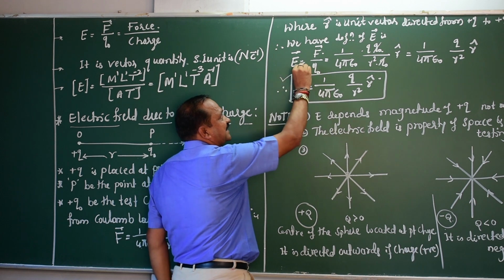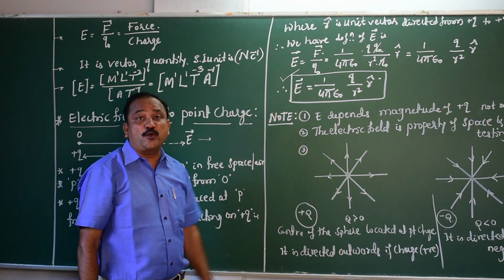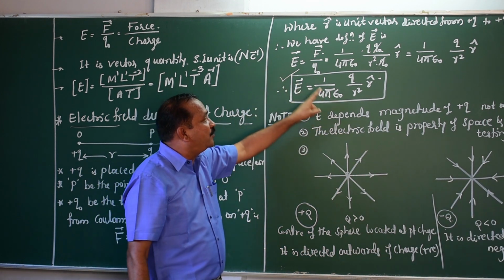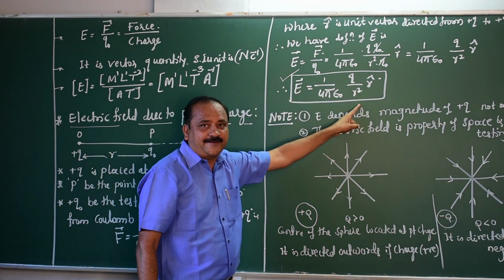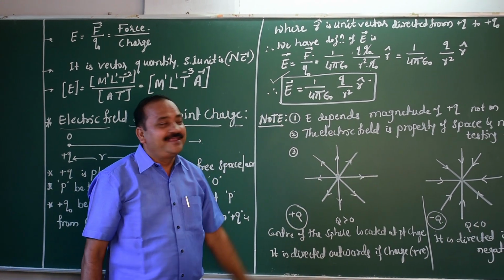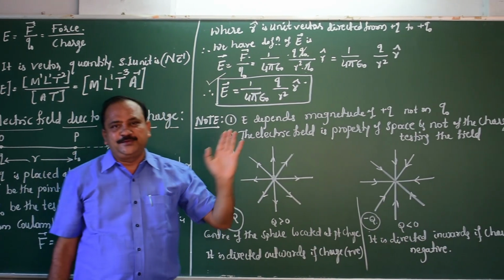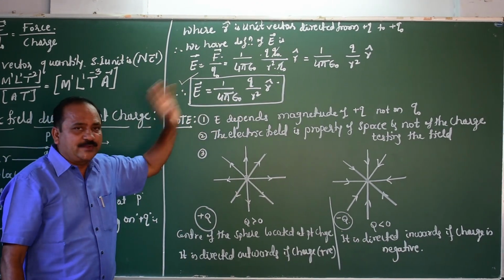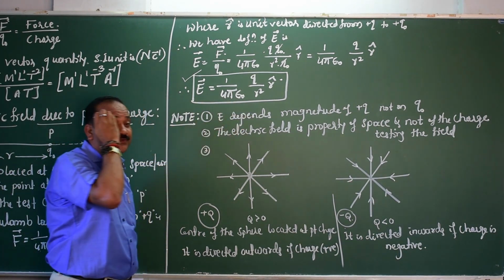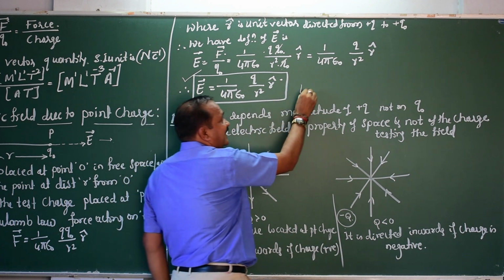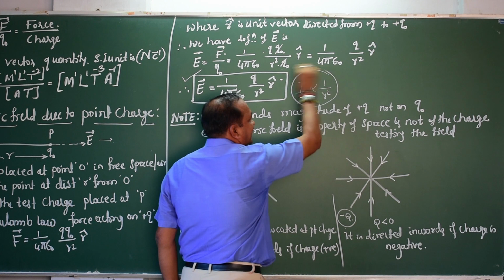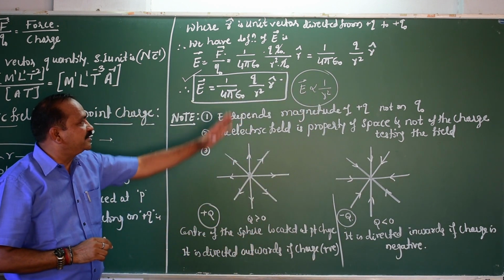So the electric field at a point due to a point charge is E equal to 1 divided by 4 pi epsilon naught, Q divided by R square. This is for the air medium. For other media, you can use the dielectric medium concept and write that too. It is the most important expression. E is inversely proportional to R square.